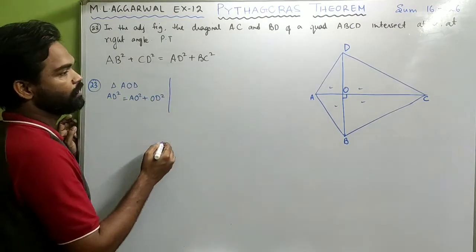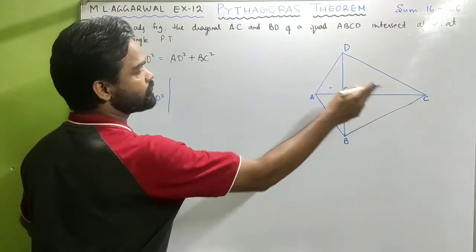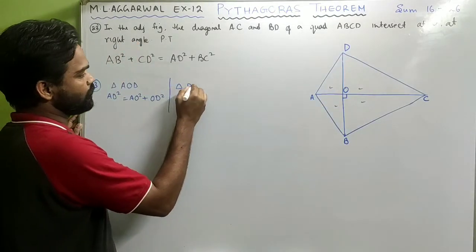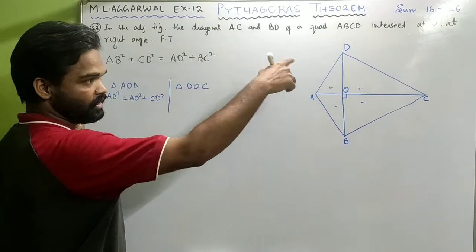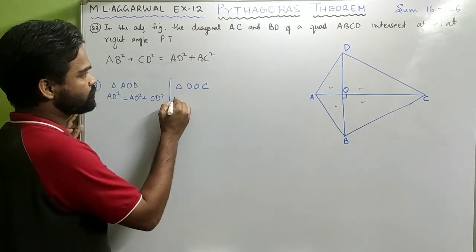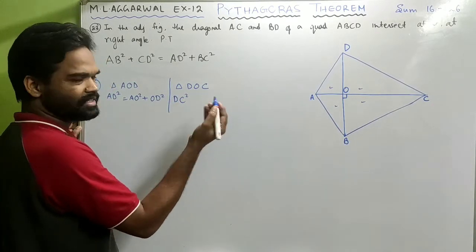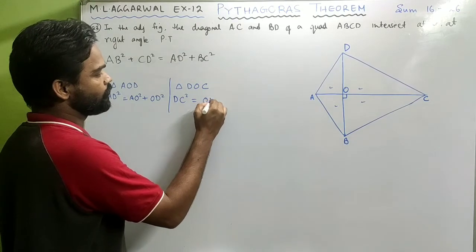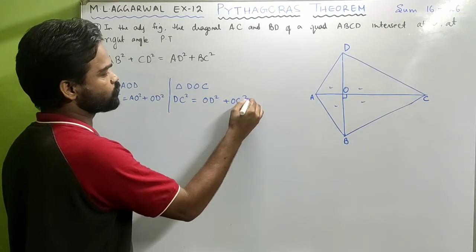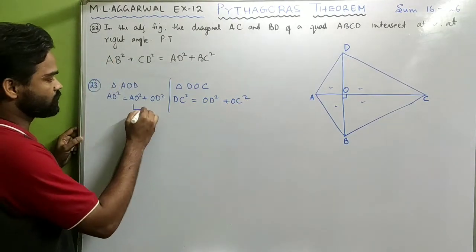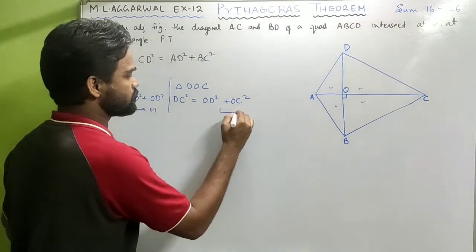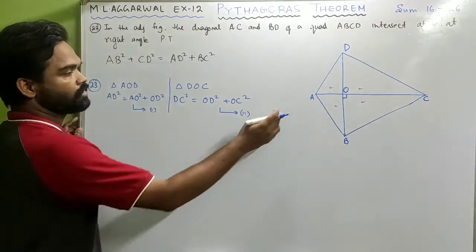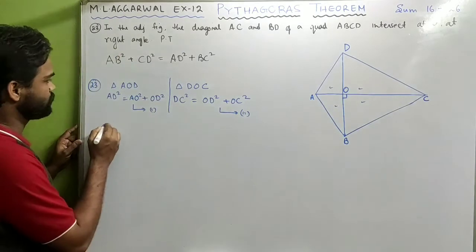Then you look at triangle DOC. Again, over there, DC is the hypotenuse. So DC square or CD square is equal to OD square plus OC square. Suppose this is equation 1, this is equation 2. Now look at triangle AOB.